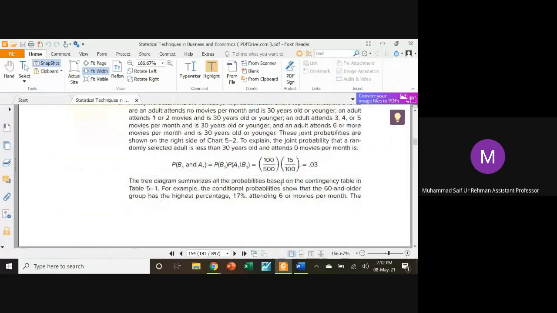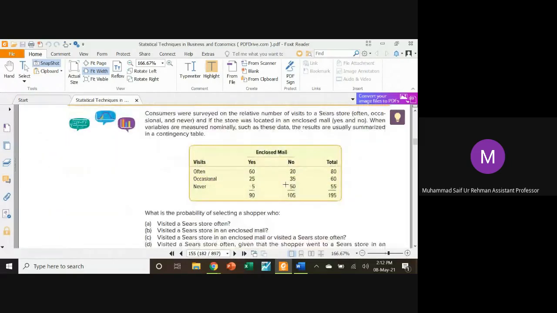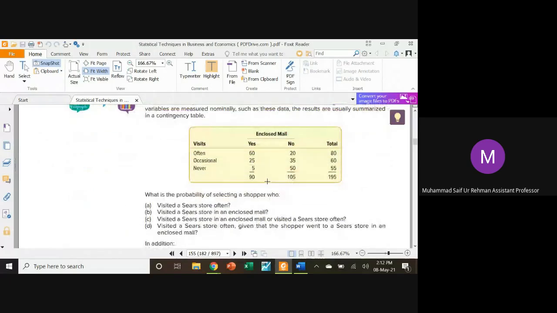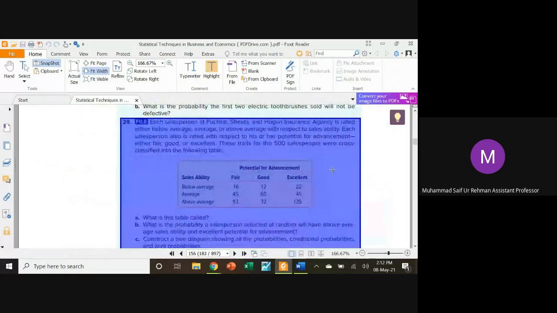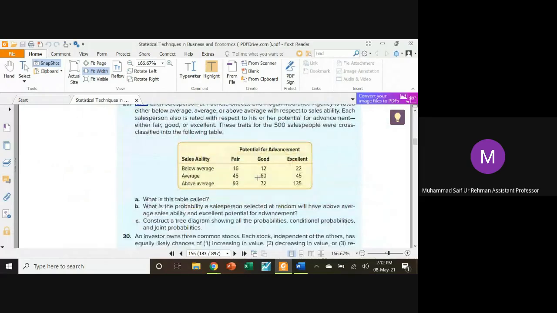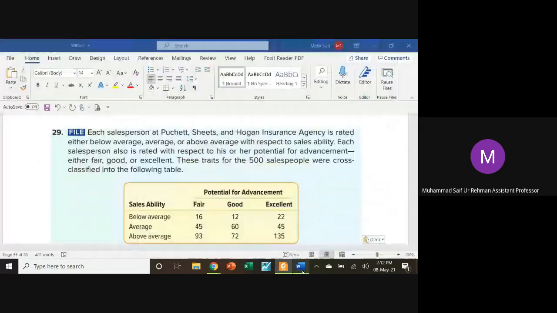So you can see it at home, and there is also self-review. You can also see this, and I am interested in solving this example, question number 29. So I have pasted that question over here in Word. Let us see what this is.